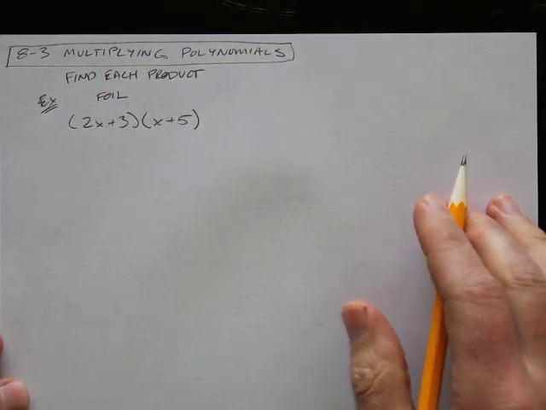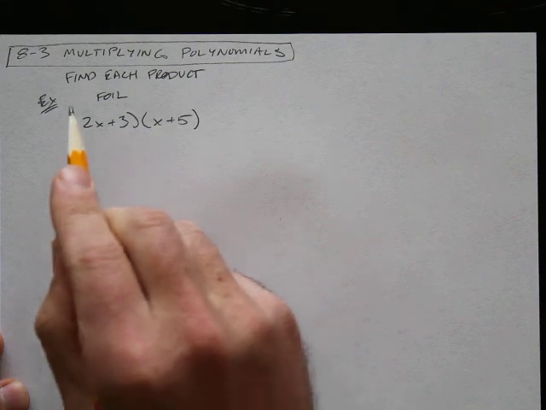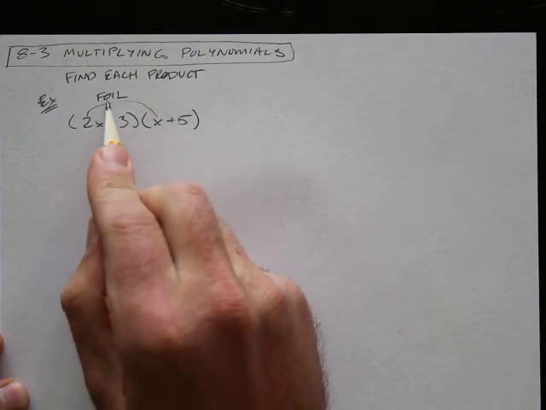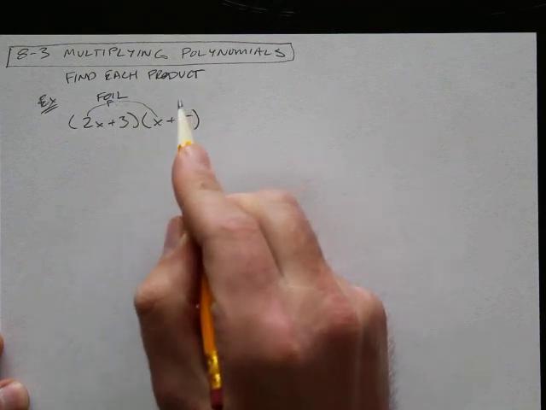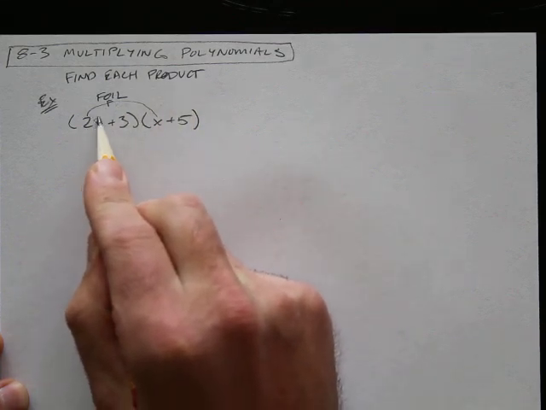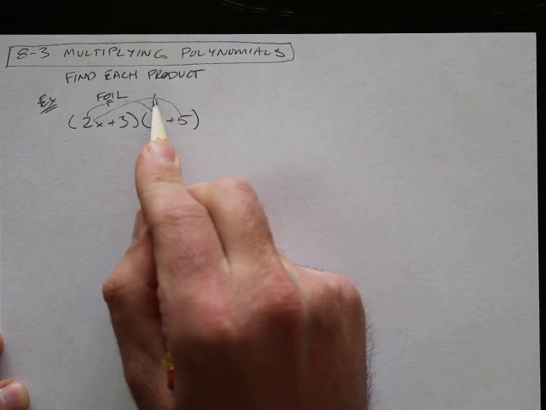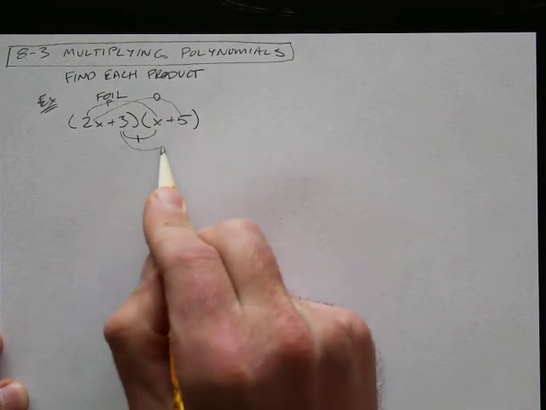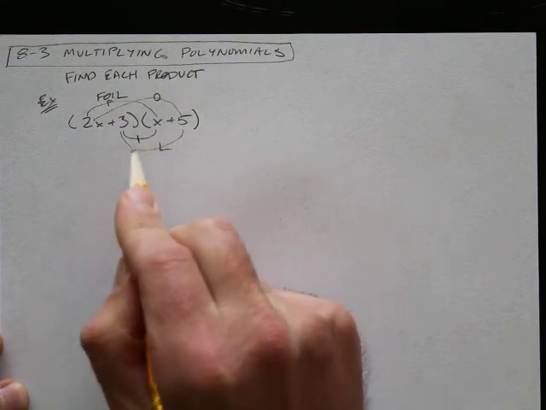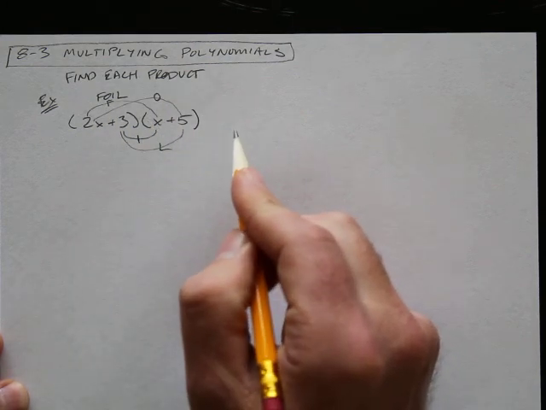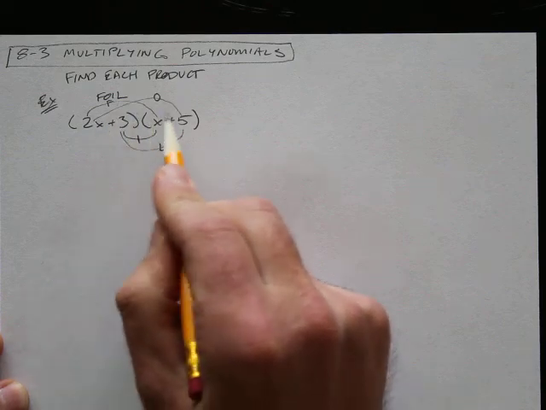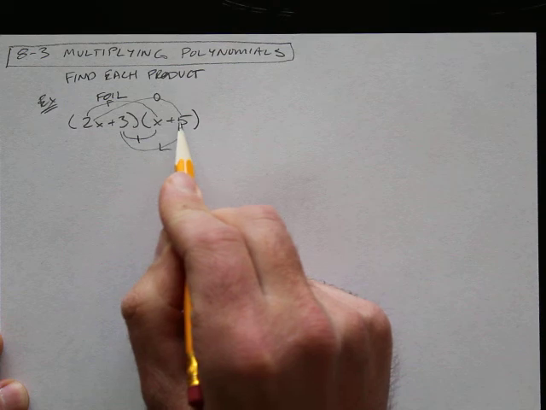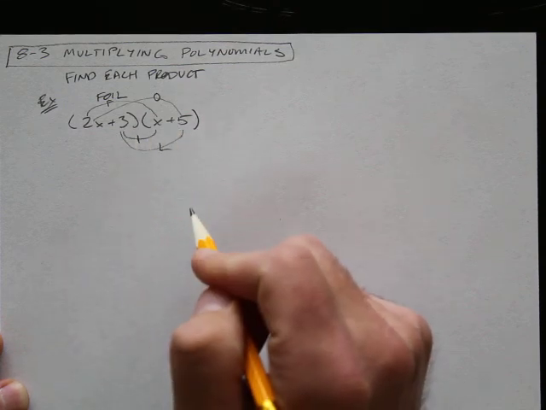FOIL is I'm going to multiply the first together, F, and then the outside, and then the inside, I, and then the last, L. Doesn't really matter what order you do this. You just need to make sure that all of these things get multiplied, like these two each get multiplied by these two, and then you're good.